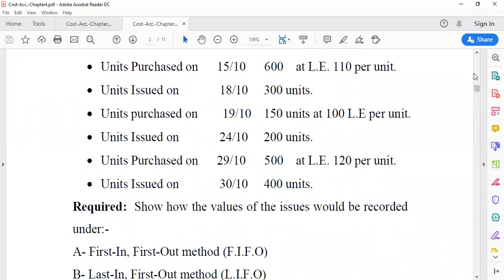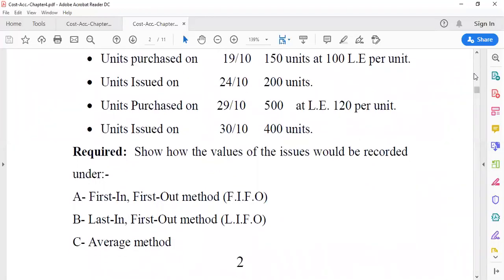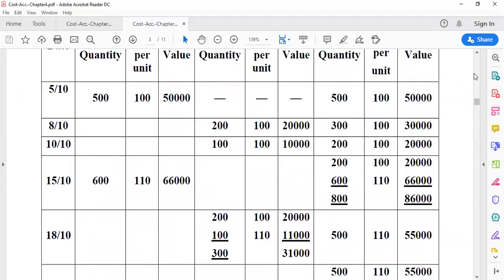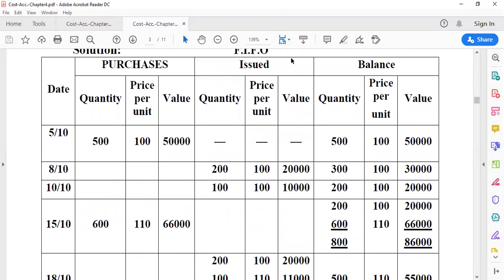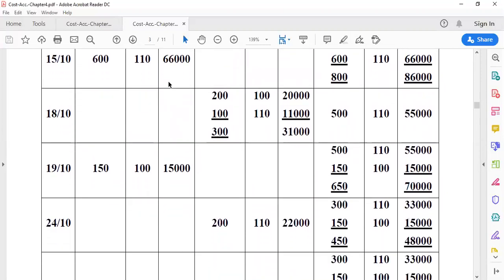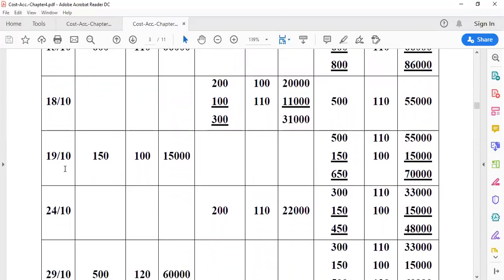Okay, so I will go back to my schedule and put the amounts or units of purchases under purchases. So here we are under purchases on the date 19th of October. We purchased a new 150 units with price 100 to be 150 times 100 to get 15,000 LE.